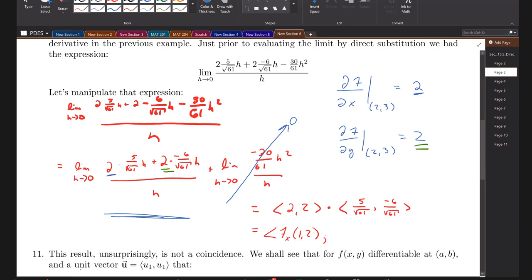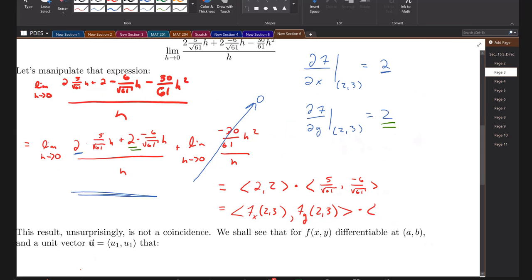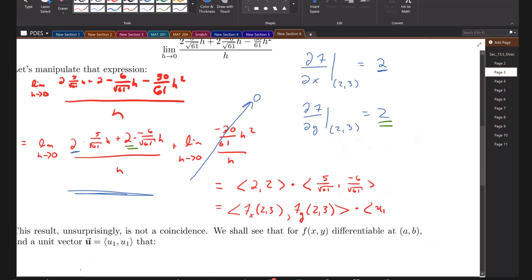Oops, I want 2 comma 3 there. And the second component is the partial derivative with respect to y, evaluated at our point. And I'm just going to be a little more abstract here: that was our x component of the unit vector, u1, and that was the y component of our unit vector, u2.